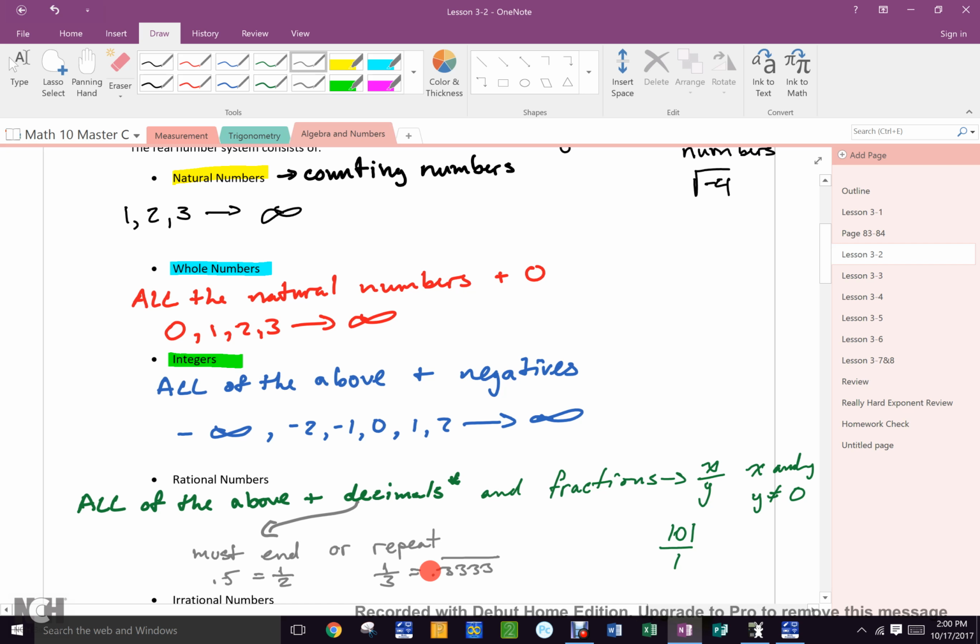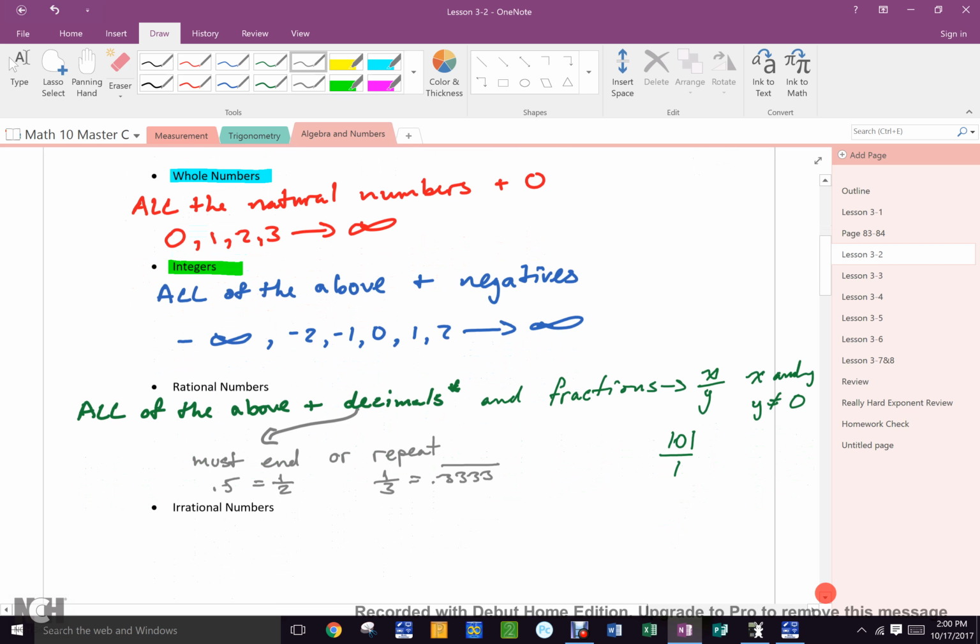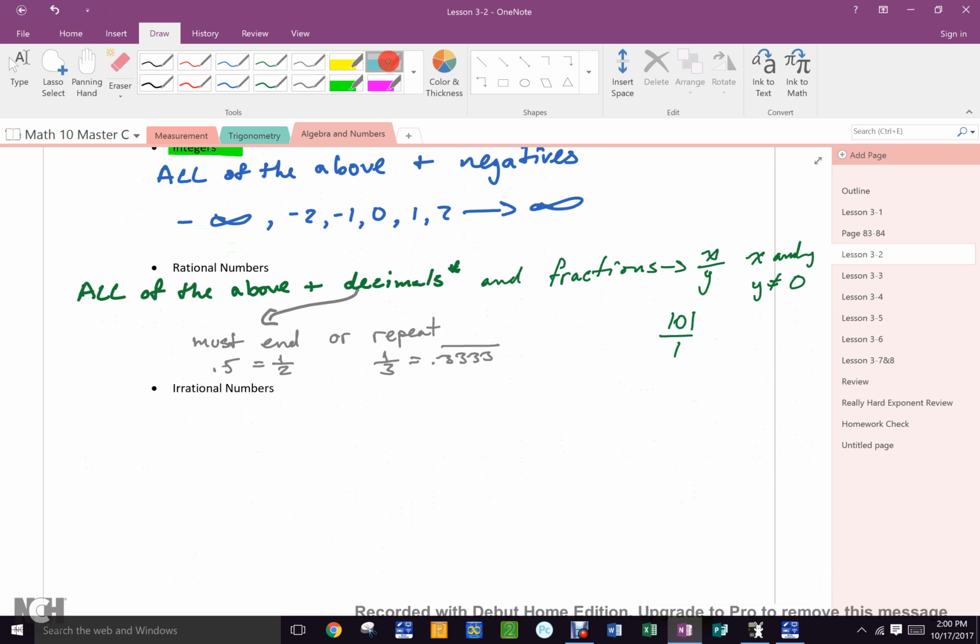Good? Excellent. Now all of these guys are related: rational, integer. Now we get to the guys that don't fit in anywhere. These are irrational numbers. These are numbers which don't fit.